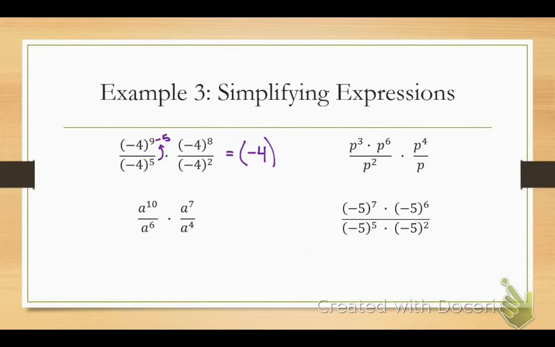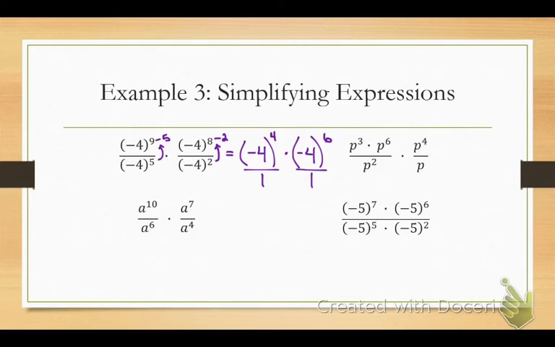What is 9 minus 5, guys? 4. So that's why I write it to the 4th power here. All right, so I have simplified my first fraction. Now let's simplify the second fraction. -4 to the power of 8 minus 2 now. What is 8 minus 2? To the 6th power.